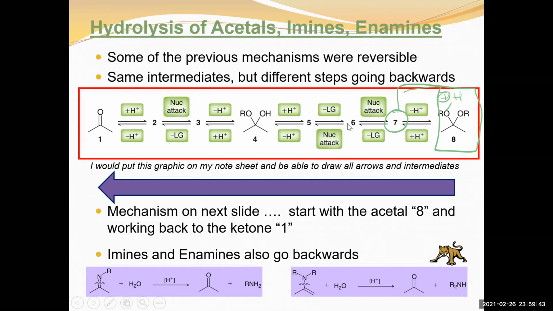To get from 7 to 6, you're going to do the loss of the leaving group. So this is going to come off. So I'm going the backwards one, because we looked at the forward direction in detail. This one is kind of looking at the backwards one.